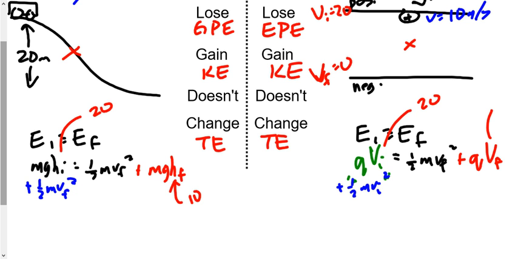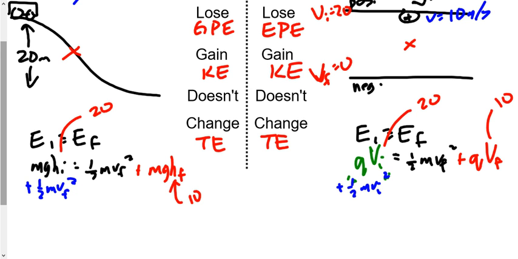Halfway across, VF is 10. So your potential is like your height. It's your height that contributes to your gravitational potential energy. It's your potential that contributes to your electric potential energy. Does that make a little bit of sense?